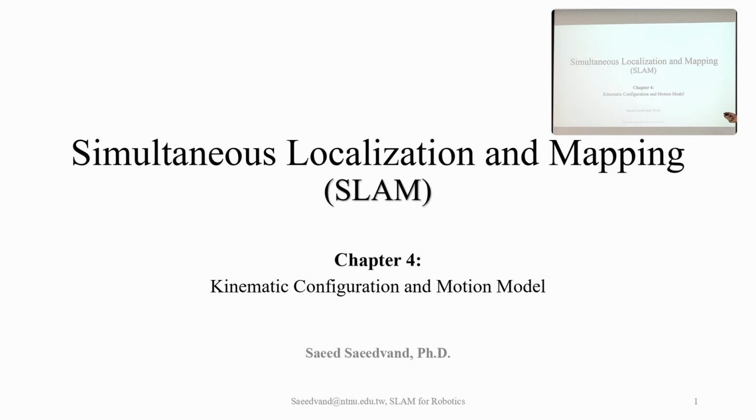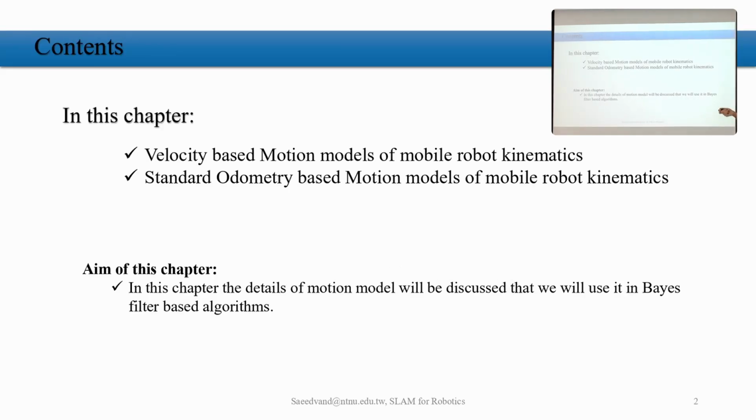slide. In this chapter we are going to talk about the kinematic configuration and the motion model. First of all, we talk about the velocity-based motion model, because when you have a robot, you cannot read the odometry commands, as I already explained a little bit. For example, you don't have a wheeled robot anymore.